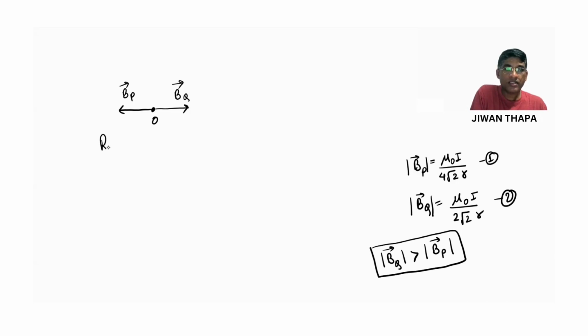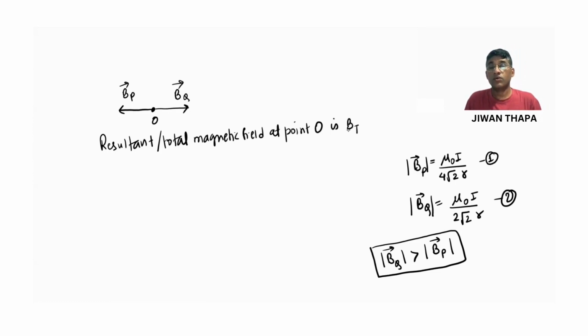So resultant or total magnetic field at point O is BT, okay? So I have supposed this earlier, okay? Therefore, BT equals BQ minus BP.